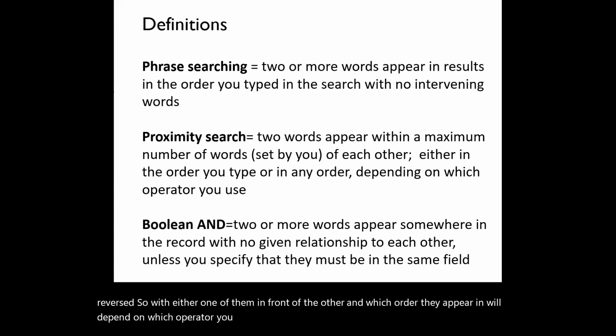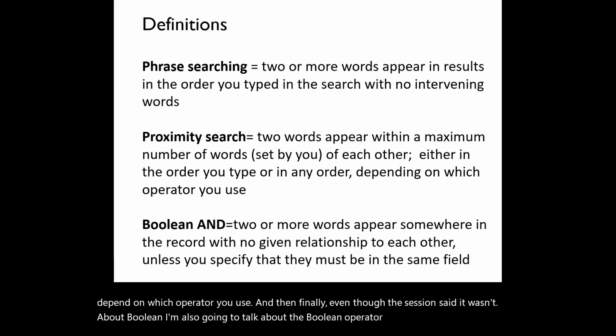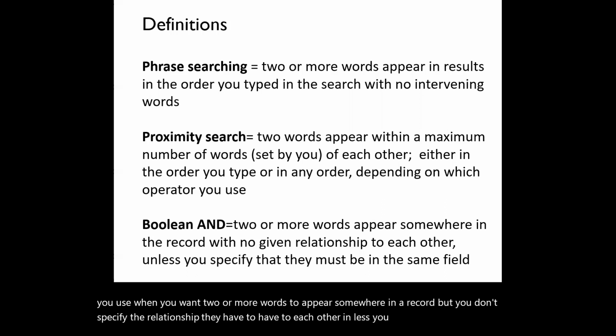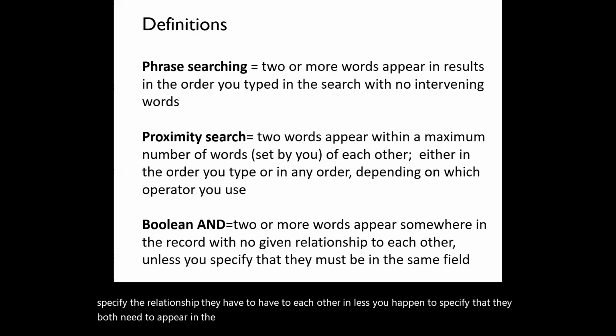And then finally, even though the session said it wasn't about Boolean, I'm also going to talk about the Boolean operator AND, which is an operator that you use when you want two or more words to appear somewhere in a record, but you don't specify the relationship they have to each other unless you happen to specify that they both need to appear in the same field.